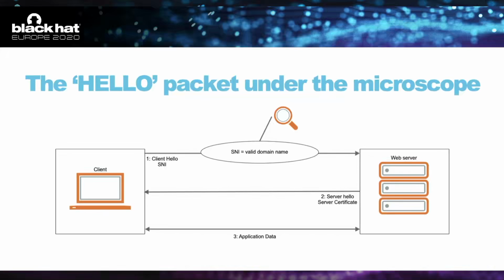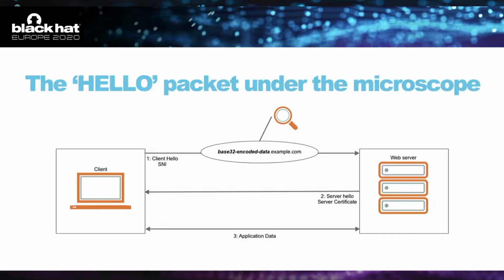Okay, but what if we do something nefarious with SNI? So here we use a wildcard certificate on the web server for star.example.com. But we add .example.com to the SNI, but we also prepend the data we want to exfiltrate and encode it with base 32.